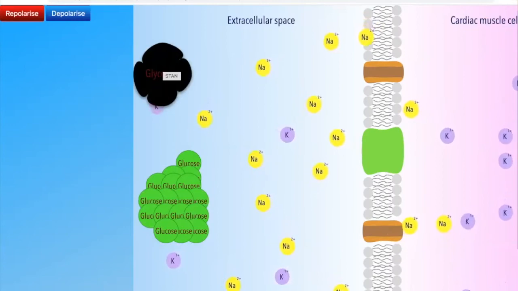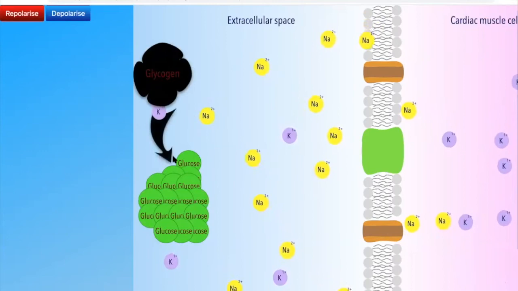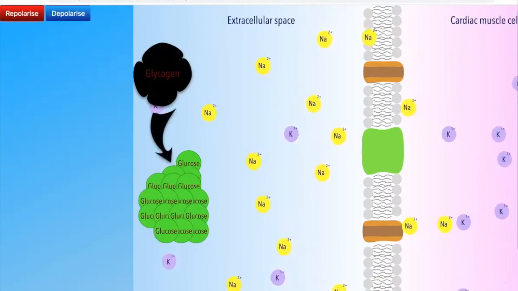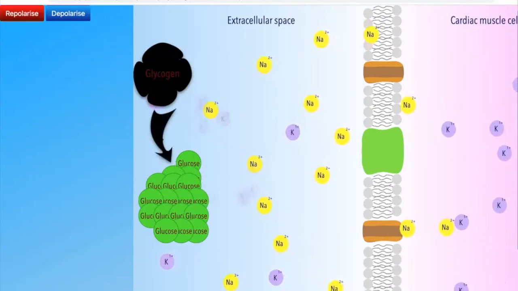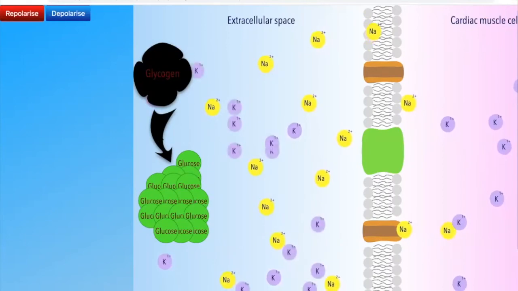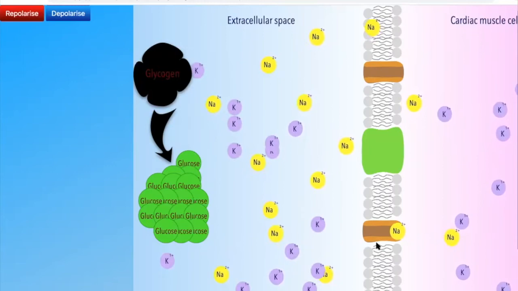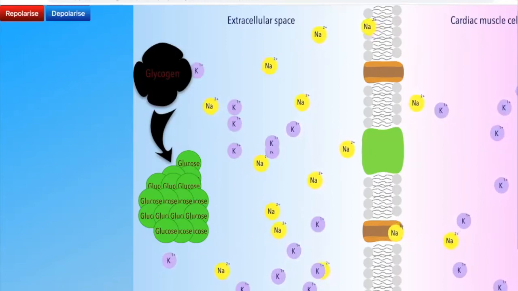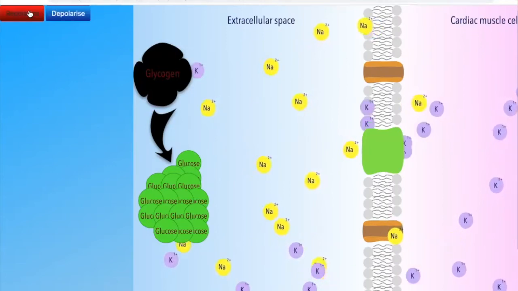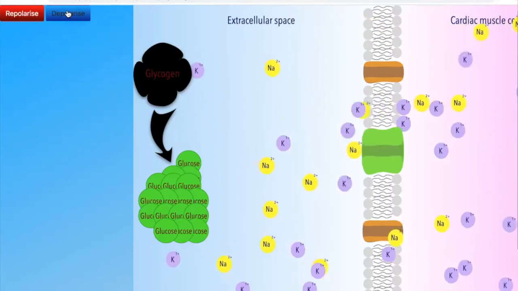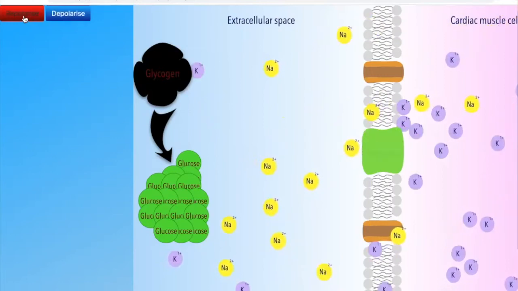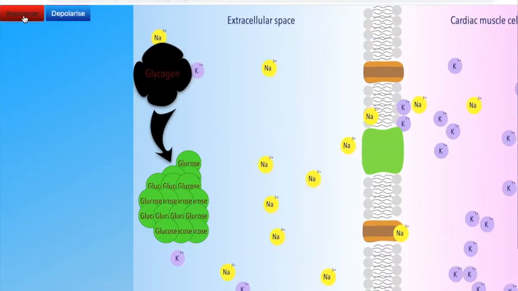The problem is that in the process of giving us glucose, it actually produces more potassium. So essentially it's going to increase the workload of the pump. So now when you have to repolarize or when you're depolarizing, there's a lot more movement along the way. Does that make sense?